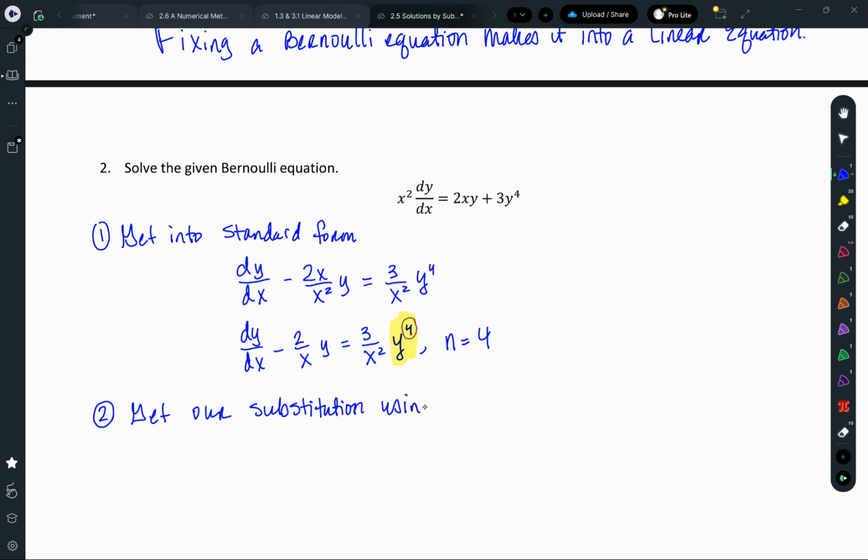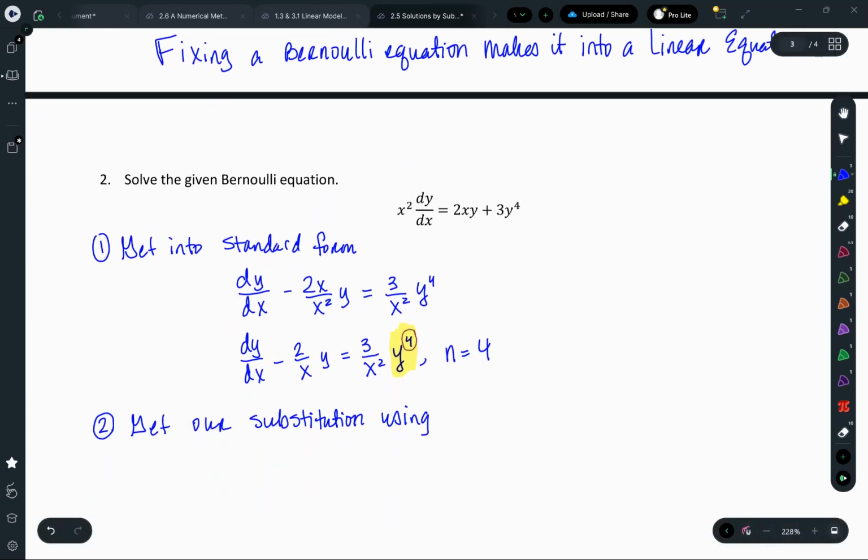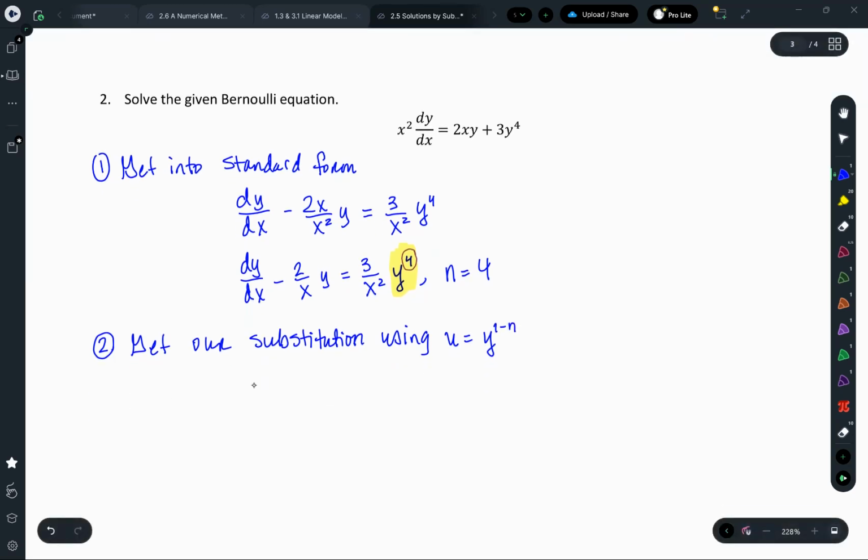Using what we are told up above, u is equal to y raised to the 1 minus n, okay? Where our n is 4, so u is equal to y to the 1 minus 4, which means y to the minus 3, okay? I need to be able to replace the y's in the equation with something in terms of u. I need to replace the dy/dx with something in terms of u.